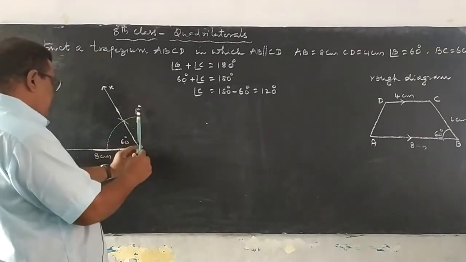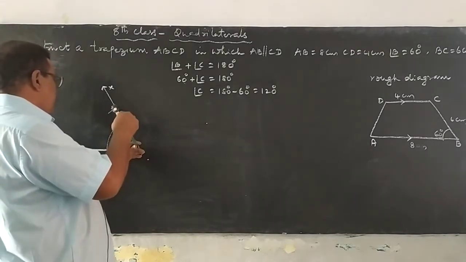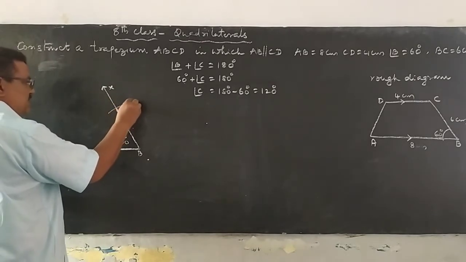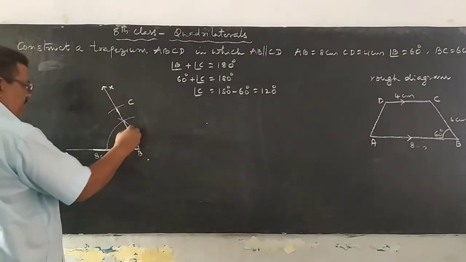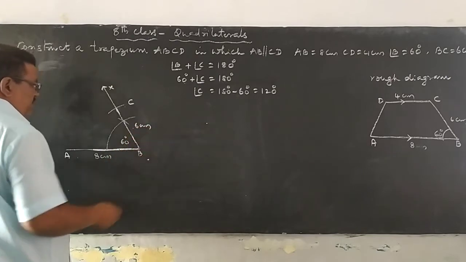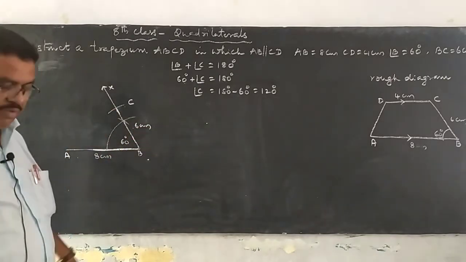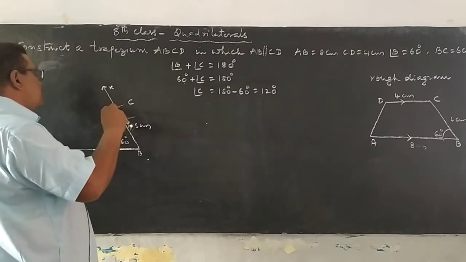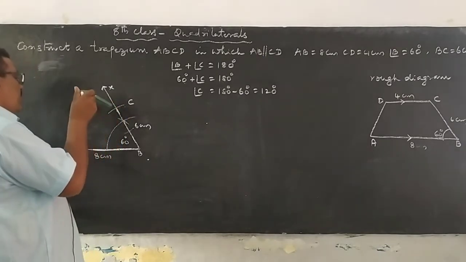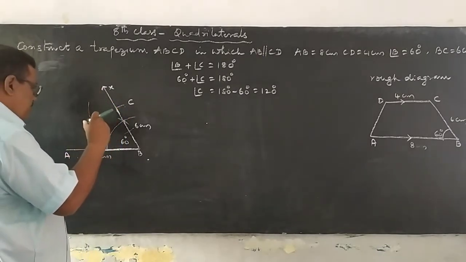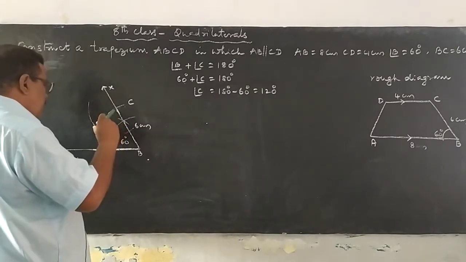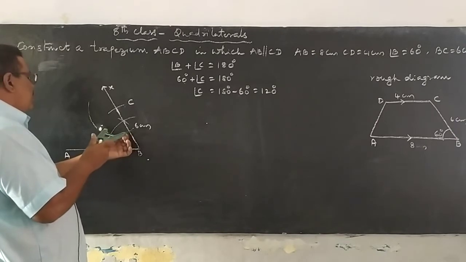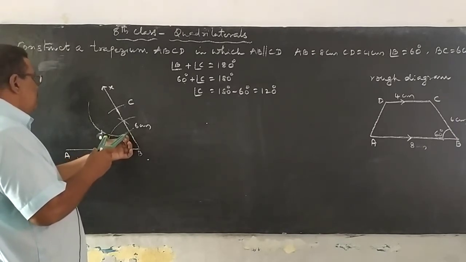From here onwards, draw an arc like this. The intersecting point is taken as C, 6 centimeters. At C we need to make a 120 degree angle. Take some convenient radius, draw an arc like this. From here onwards, the first arc is 60 degrees.